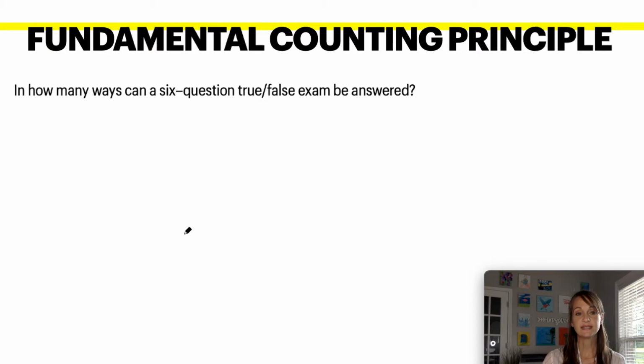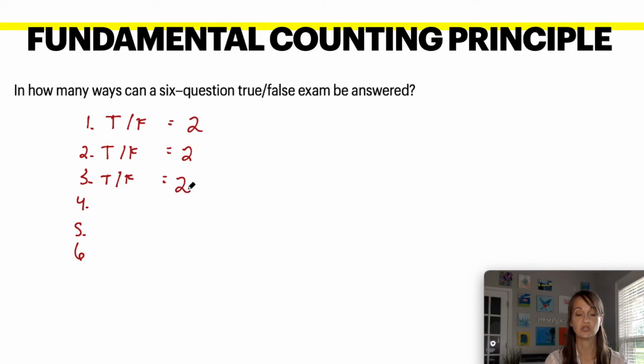In how many ways can a 6-question true-false exam be answered? You have 6 questions, so 1, 2, 3, 4, 5, 6. There are 2 different possible outcomes for each: you can have a true or a false for the first problem, a true or false for the second, a true or false for the third, and so forth. Which means you have 2 outcomes for the first question, 2 outcomes for the second, 2 for the third, all the way down.